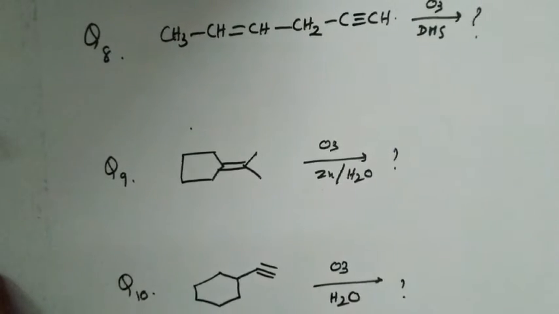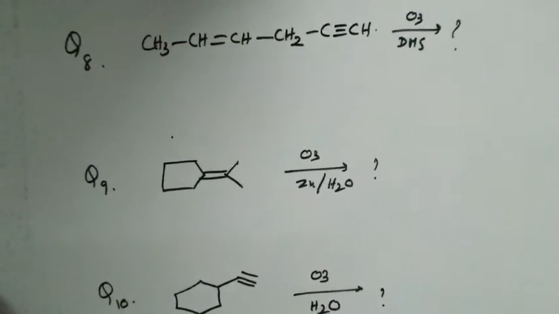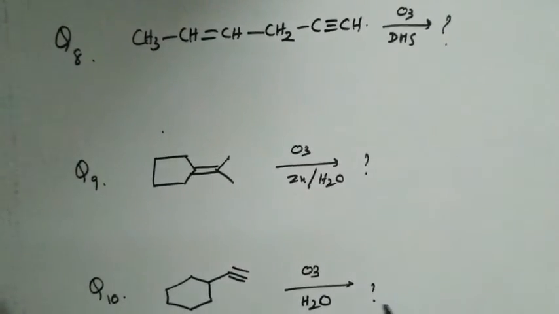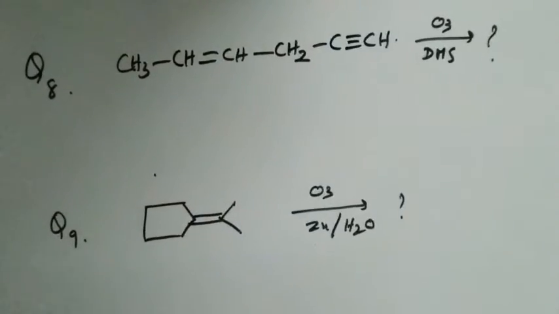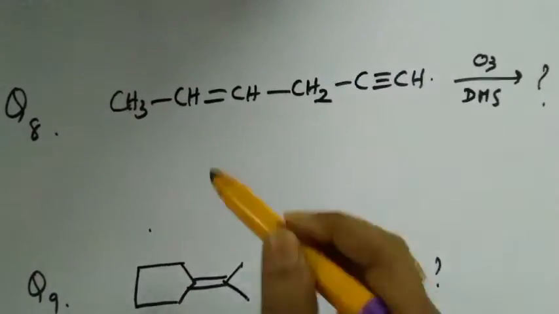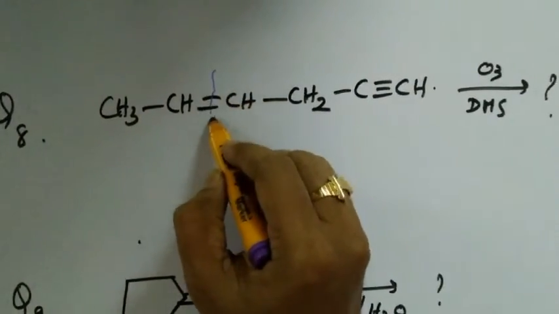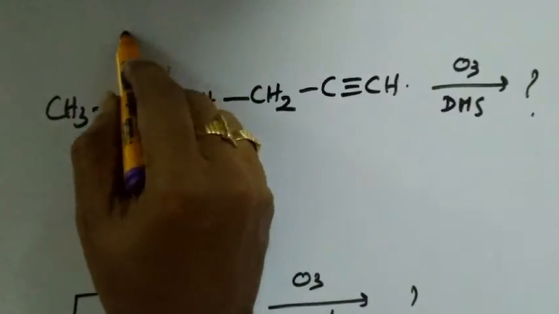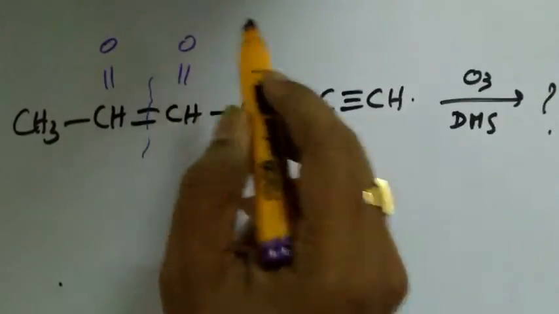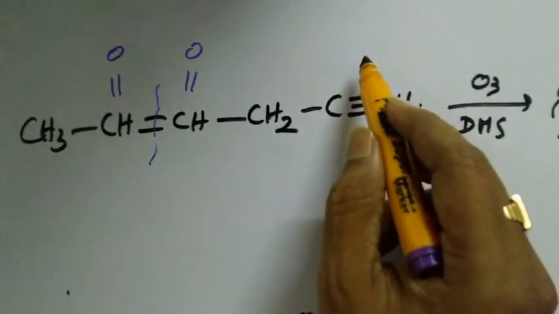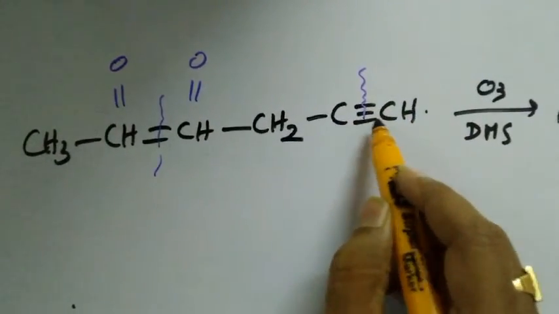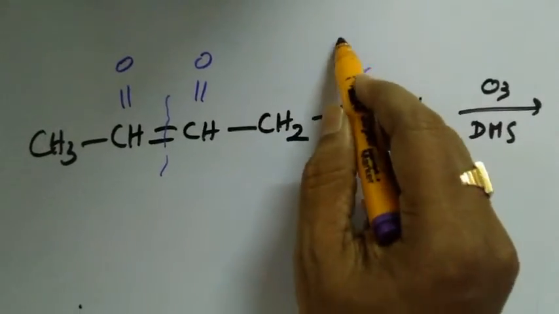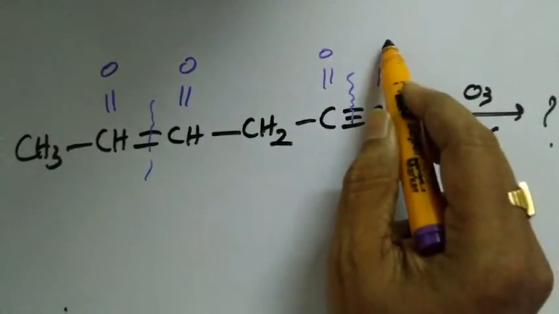In these questions he is asking us the final product obtained after the ozonolysis. So let's concentrate on this particular question number 8. Here, where are the ruptures occurring? The ruptures will occur at this place because it's a double bond completely ruptured. So a double bond O here, a double bond O here will be coming. And because there is a triple bond, we need to rupture only the double bond present between the 2 carbons. Therefore, this sigma bond will be present as it is, and a double bond O here and a double bond O here also will come.